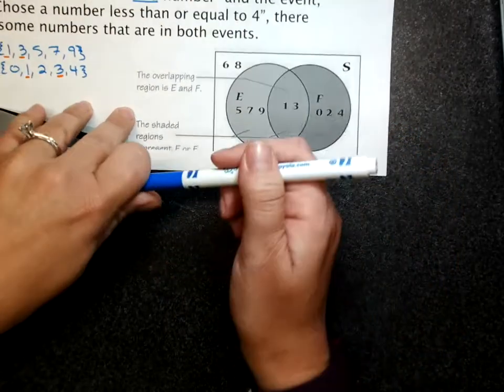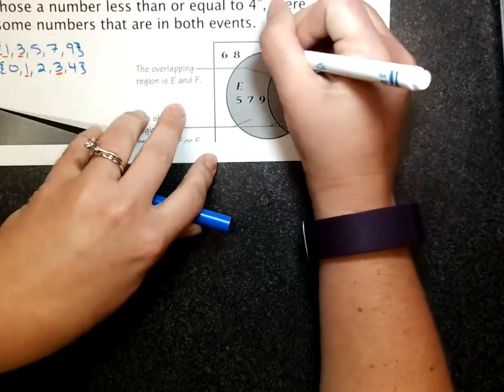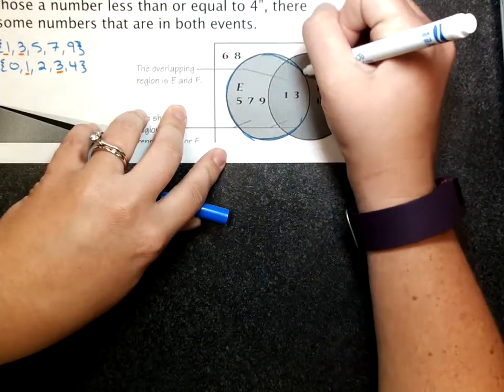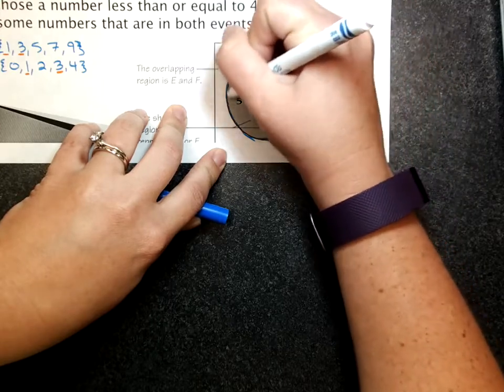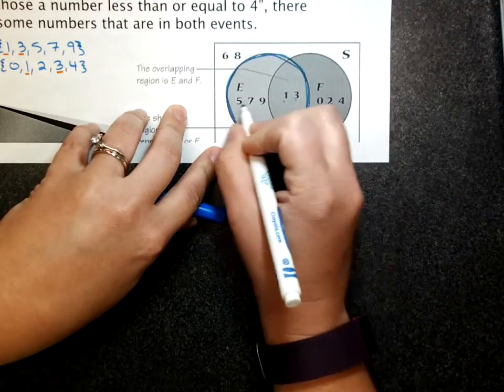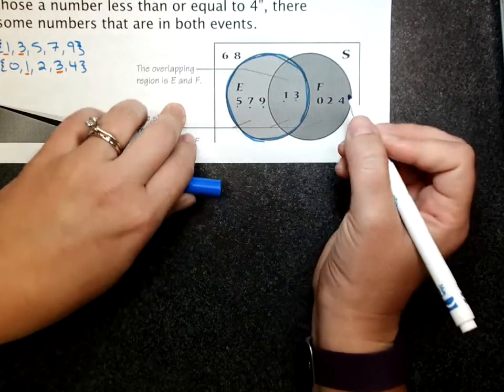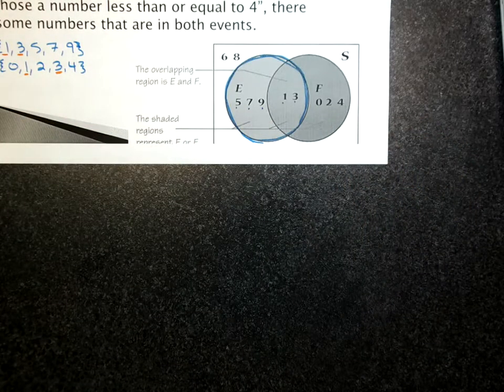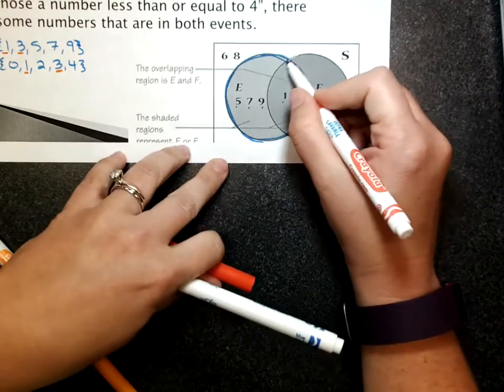We have event E is this entire circle, including the overlap. That's how a Venn diagram works. So you'll see the numbers 1, 3, 5, 7, 9, those odd numbers. And then we have event F, which is this entire circle.